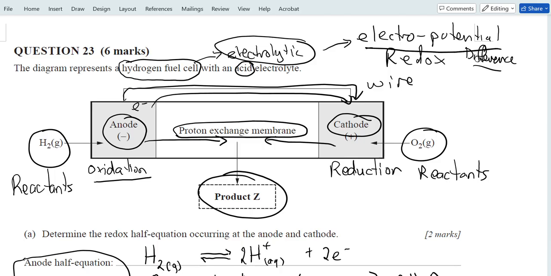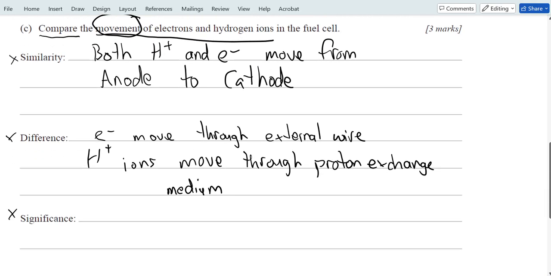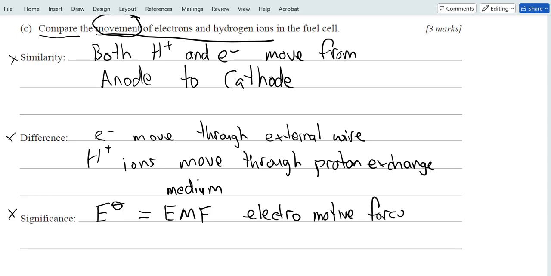E naught values are what we call EMF, which is electromotive force, another name for electron potential difference.